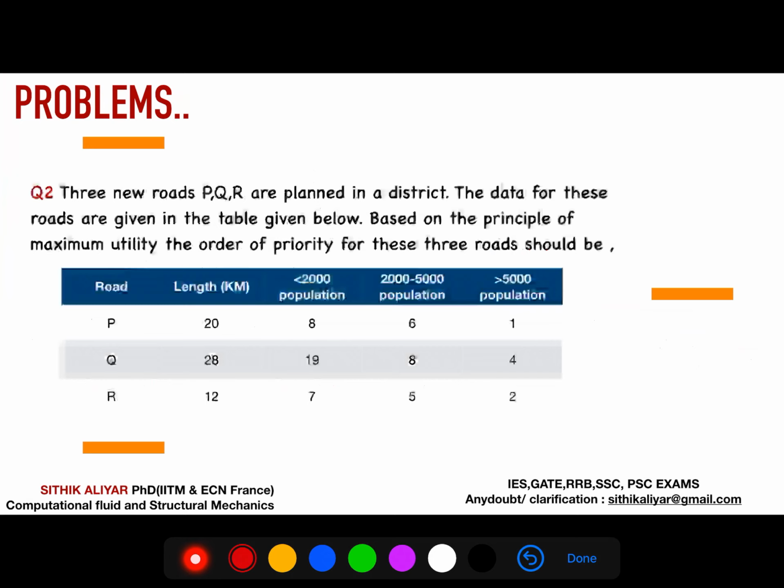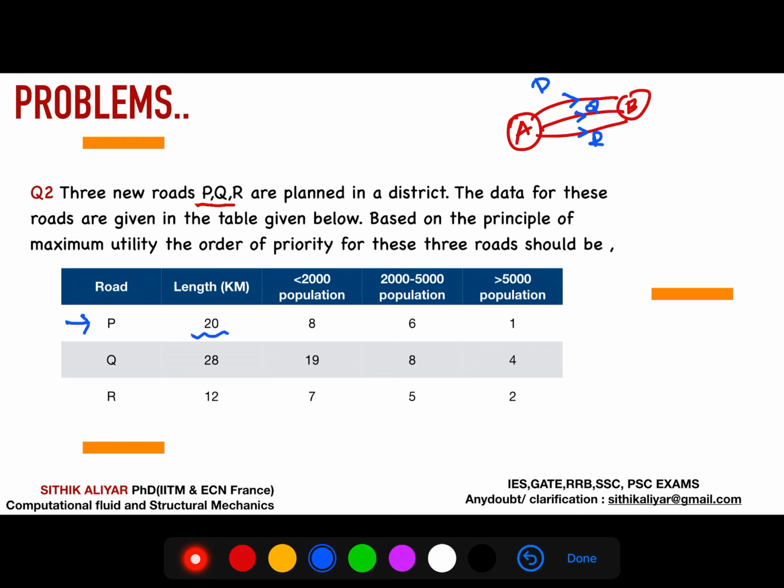So question 2. There are three roads, you can see P, Q and R. There are three roads they have planned. If you see, there is a town A, again there is a town B. They have given details of the three roads P, Q and R. Road P will have approximately length 20, and it is connecting villages with populations less than 2000, 2000 to 5000.